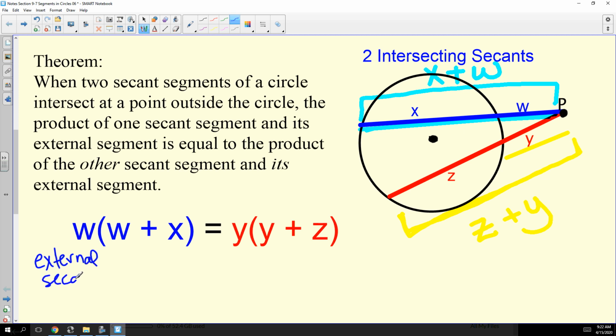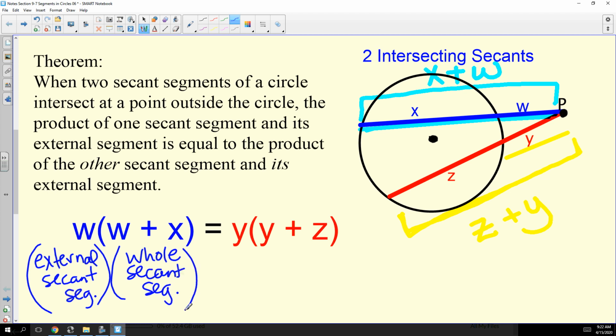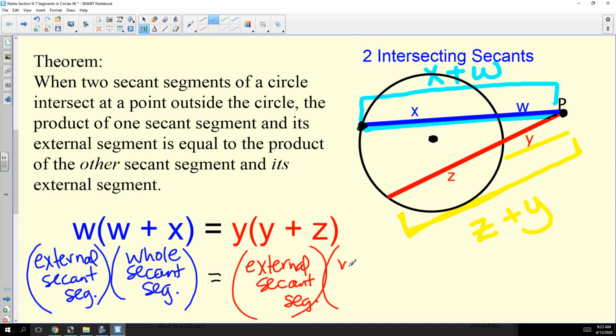External secant segment times the whole secant segment, and that comes from the point that's outside the circle all the way to the farthest point intersecting the circle, is equal to the other external secant segment times the whole secant segment.